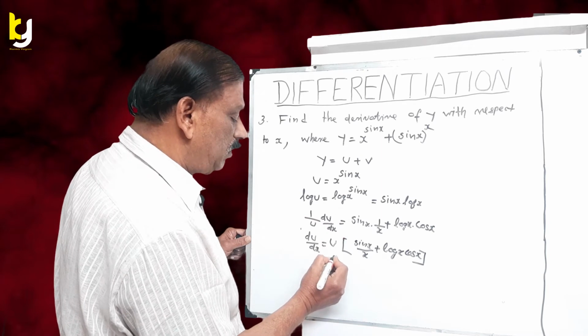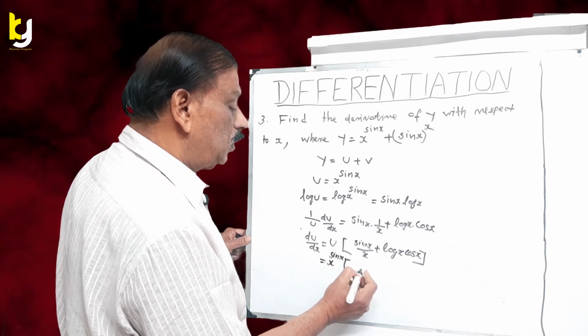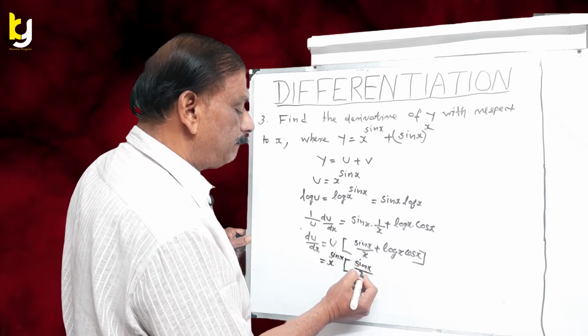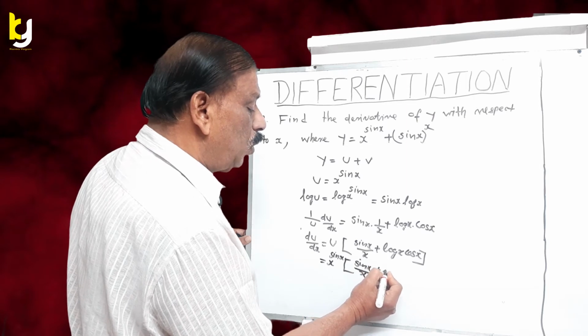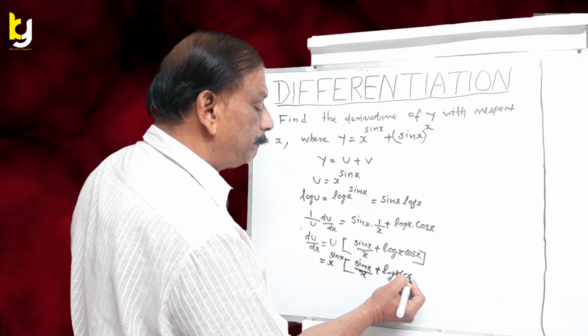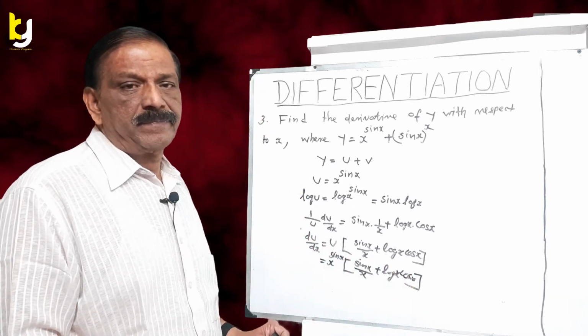So x to the power of sin x into sin x by x plus log x cos x, that is du by dx.